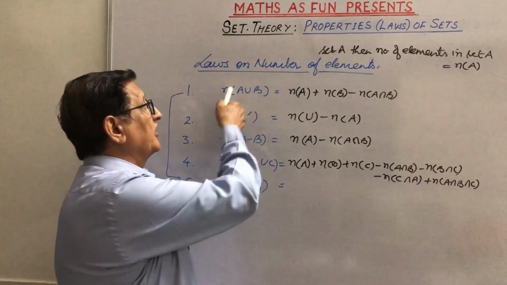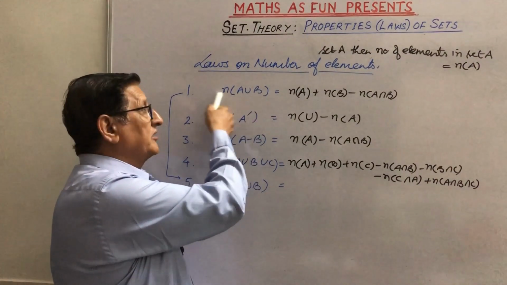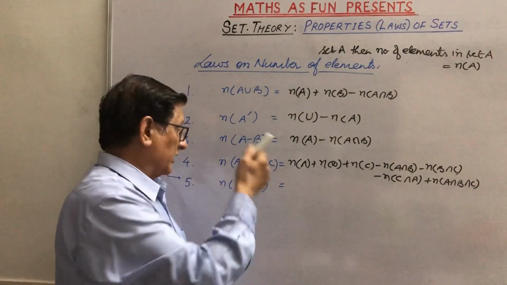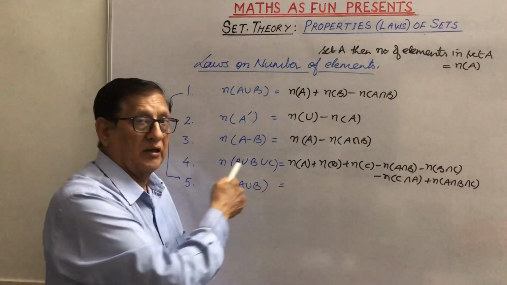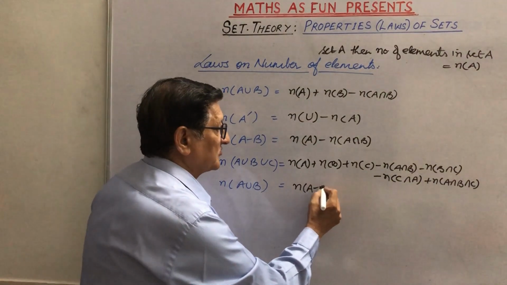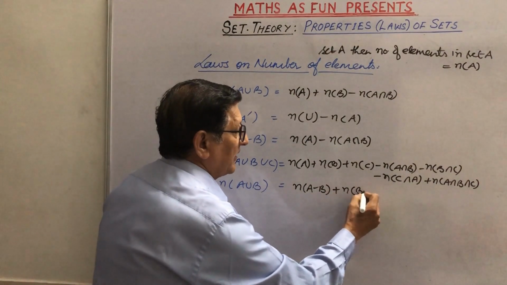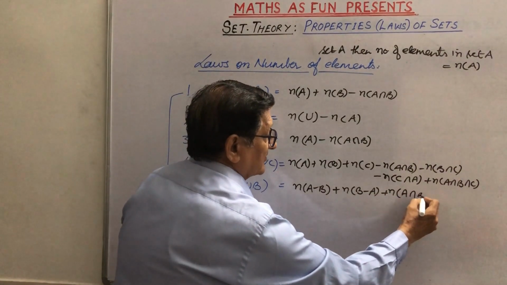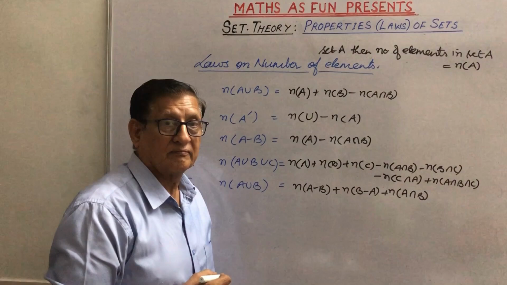And for the number of elements in A union B, as we have learnt here, is n(A) plus n(B) minus n(A intersection B). We can also find the same by using the formula n(A minus B) plus n(B minus A) plus n(A intersection B). Why?